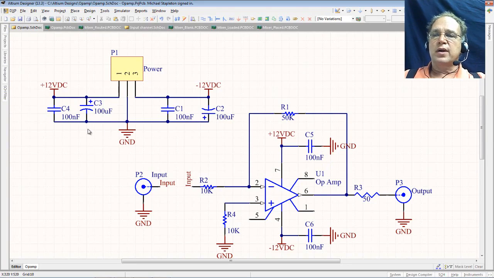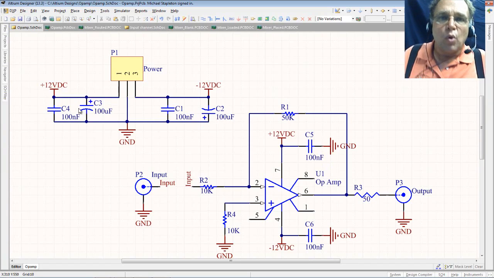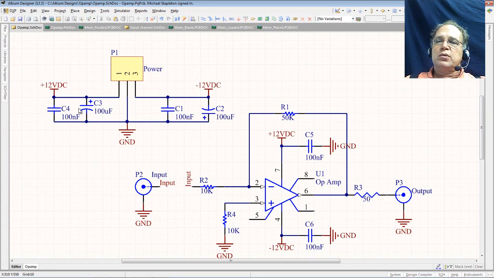And the reasons why is because of the physical attributes of these capacitors and the electrical attributes. One of the biggest reasons we do this is, first of all, my power supply connections, I have no guarantee where my power is coming from. I don't know if it's clean. I don't know how long the wire is that feeds this. So I'm going to put a big capacitor here because this large 100 microfarad capacitor can store a large charge.